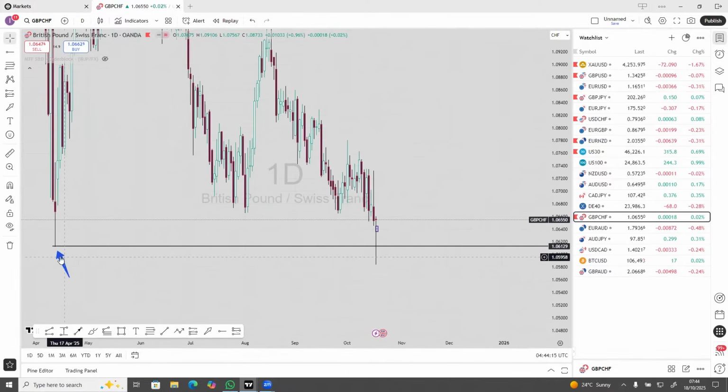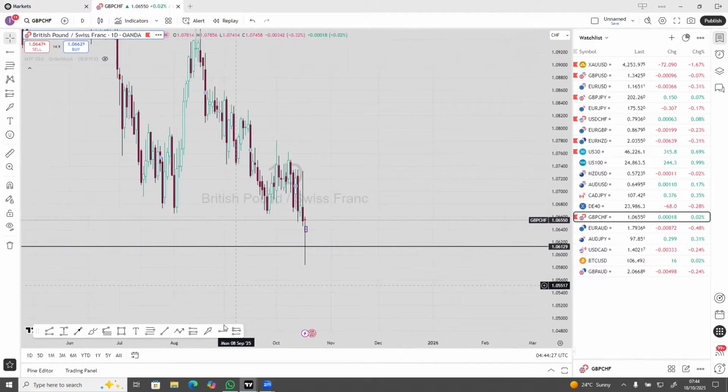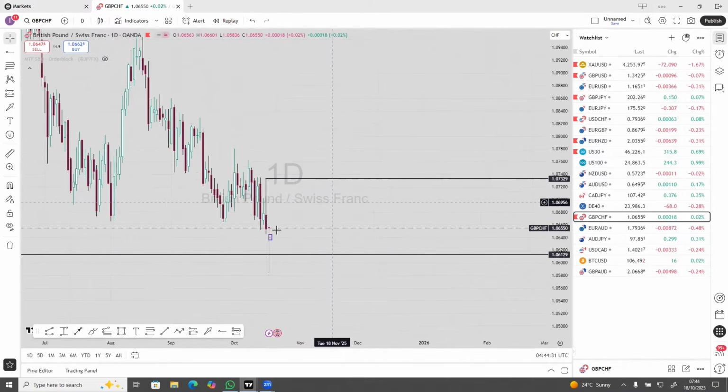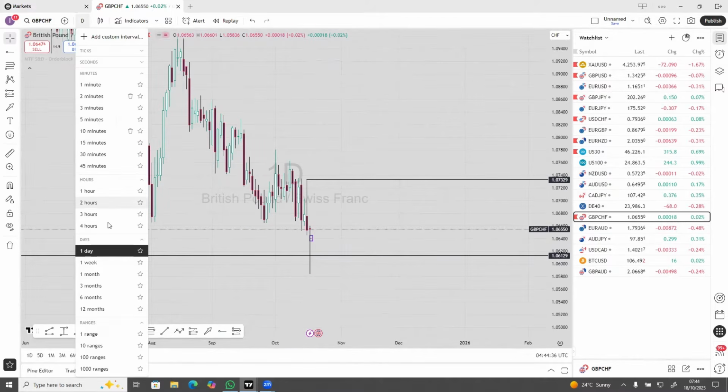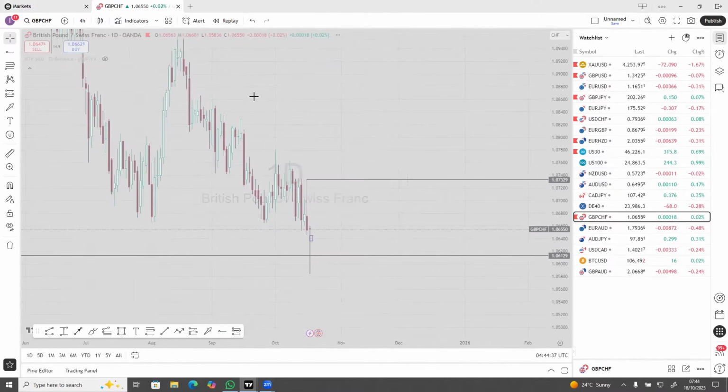Also on the daily time frame you can see there is a sweep, but there is a rejection candle or manipulation candle that closed inside, creating a good CRT model. So what next? It has to reach that CRT high, so we have to find a buy until that CRT high.